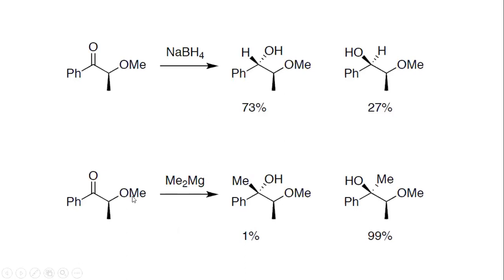In the earlier case, they are perpendicular to each other because there is no chelating metal ion. In this case, they are written parallel to each other because there is a chelating ion. Then you can easily predict the major product. That's all about the addition of a nucleophile to a carbonyl compound having an alpha chiral center.